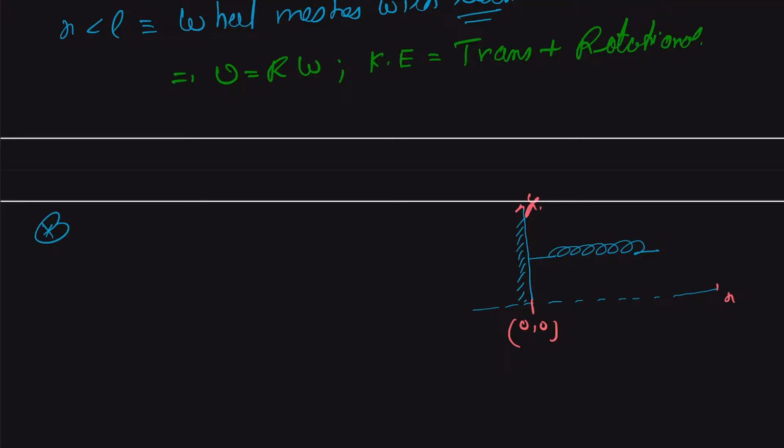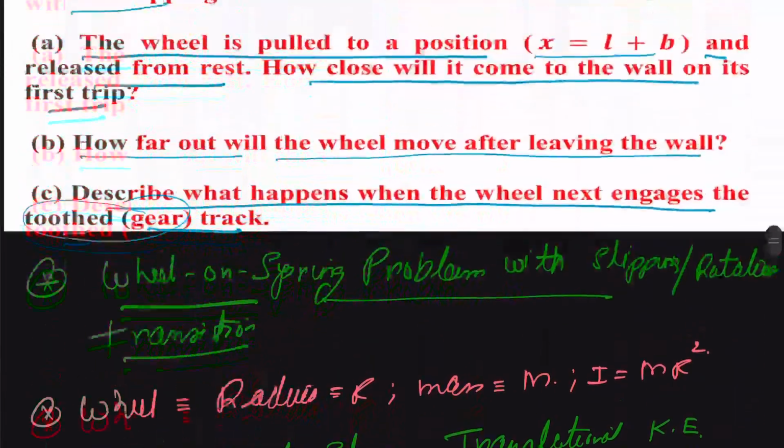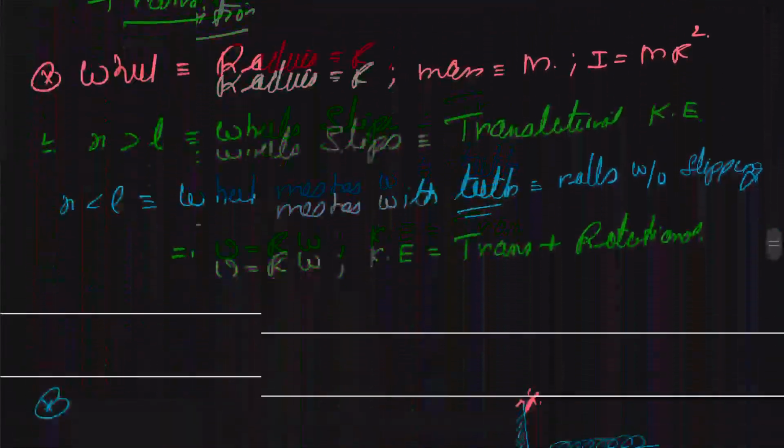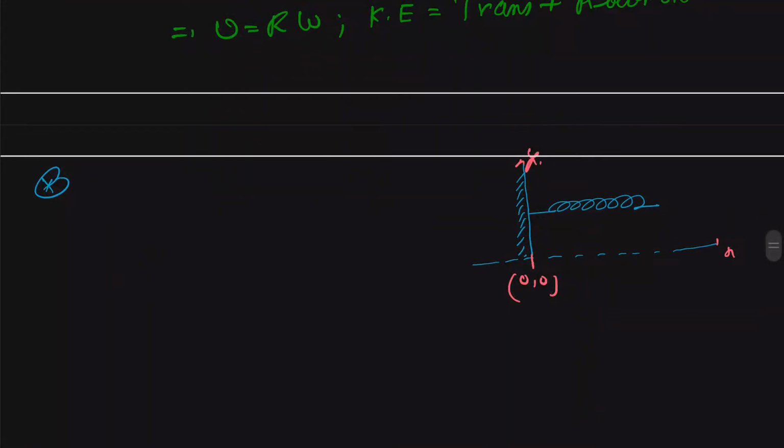It's pulled to the position x is equal to L plus B. So if this is our unstretched length, let me call this length L, and when it is stretched, it will be somewhere here, and this will be L plus B. This is our unstretched length, and this is our stretched length.